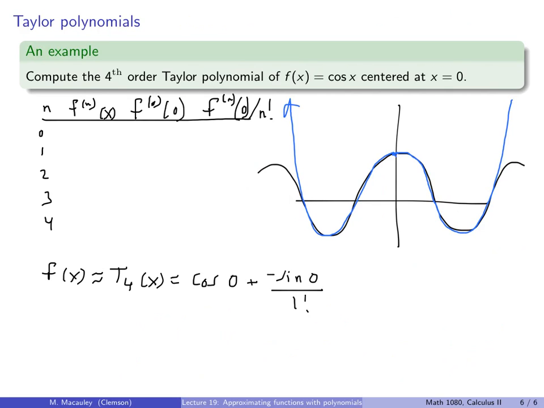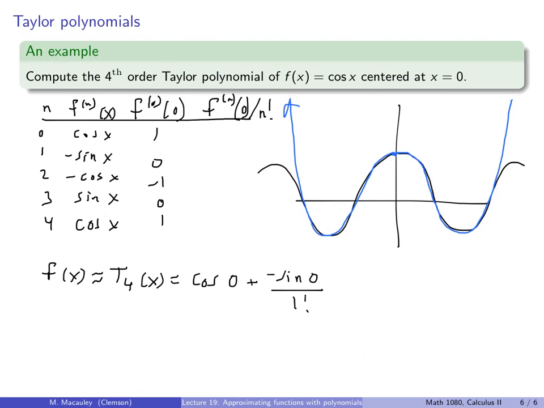The 0th derivative of cosine, just the function itself, is cosine. The first derivative is negative sine of x. The second derivative is negative cosine of x. The third derivative is sine of x, and the fourth derivative is cosine of x. Plug in 0, and we get 1, 0, negative 1, 0, 1.